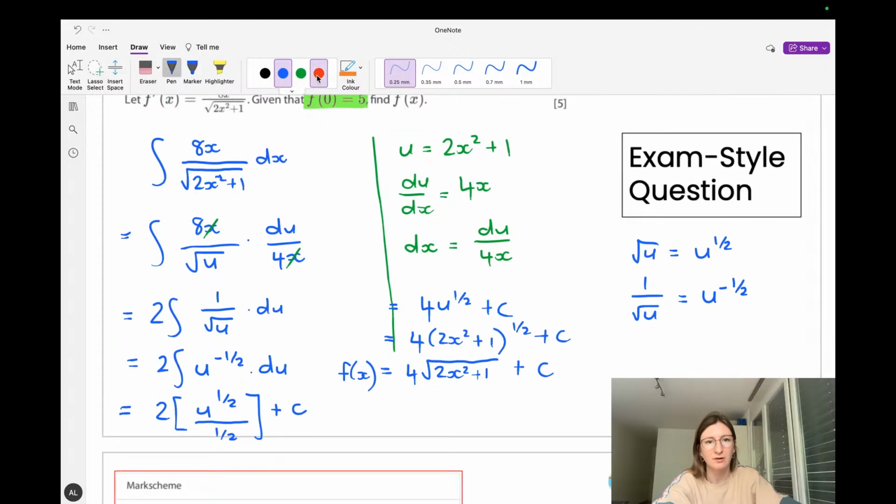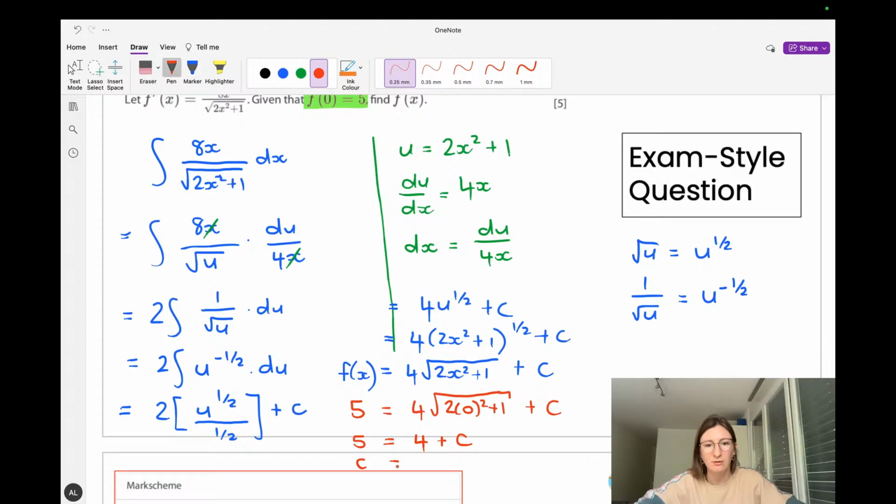Maybe I'll use a different color. So 5 equals 4 root 2, and in place of x, I'm putting 0, 0 squared plus 1 plus c. So 5 equals, well, 2 times 0 is just 0 plus 1. Root 1 is just 1. So that just leaves me with 4 plus c.